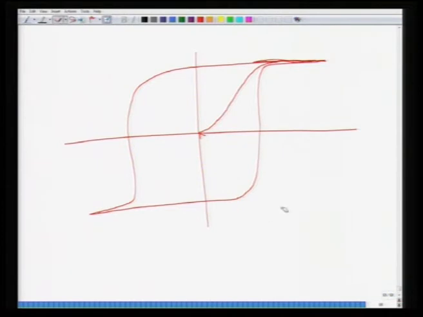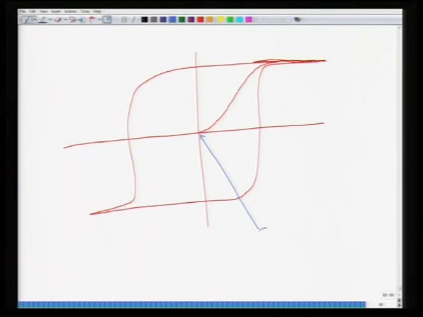If I draw a different color, and at this point what you had was a domain structure like this. So, let us say this is in this direction, this is in this direction, and this is in this direction, this is in this direction. So, the net M was equal to 0.